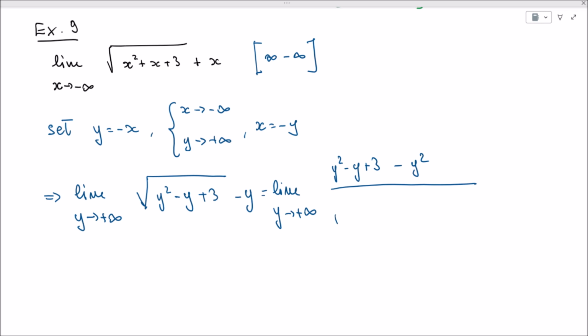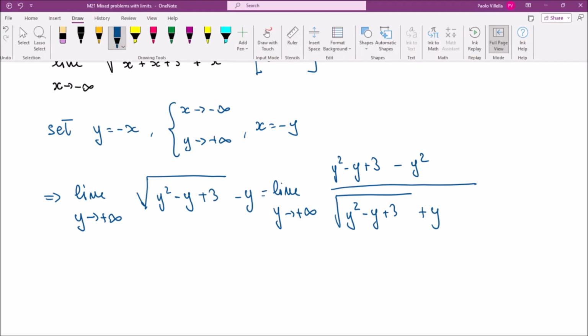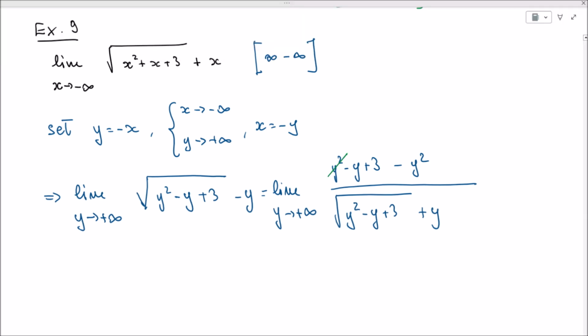At the denominator we have the square root of y squared minus y plus 3, plus y. And we see that now y squared and minus y squared cancel out.